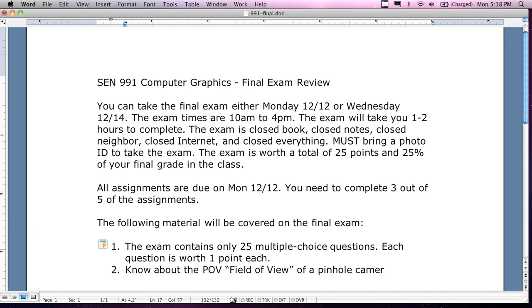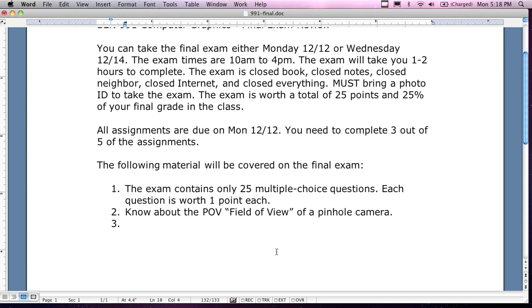What I'm going to do is give you the buzzwords that you can look up in the lecture notes or on the internet and get a feel for these terms. The questions themselves are very easy.